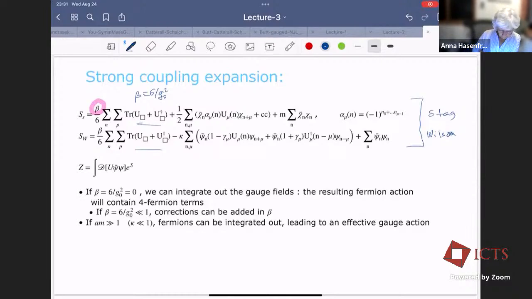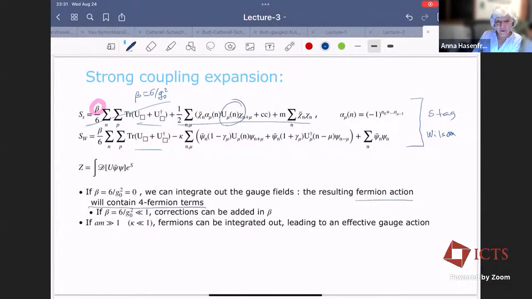When we do that, if beta is 0, then this term is not there at all. Then the gauge field shows up linearly in the interaction of the fermions. I can integrate it out. That's a trivial integration. What we get is a fermion action that contains 4 fermion fields.